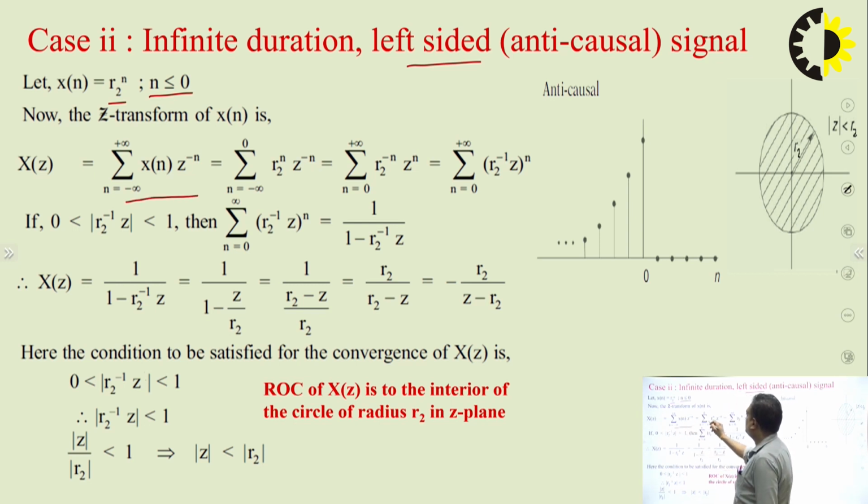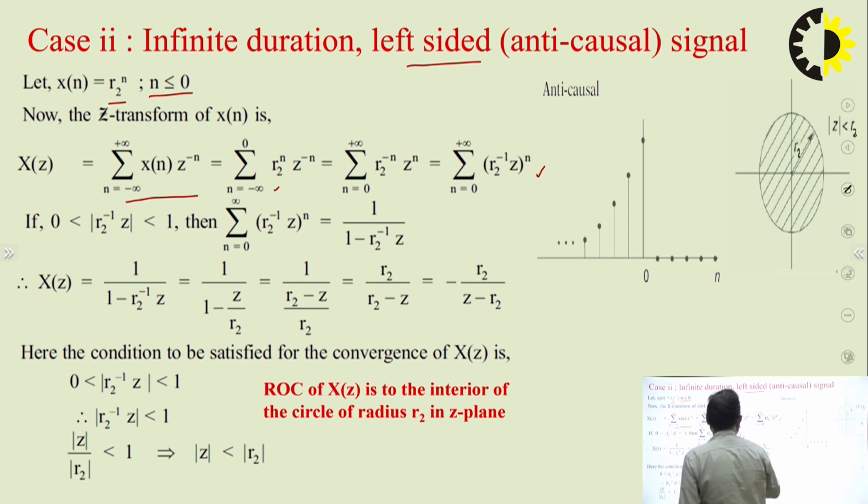Now, because n is less than or equal to 0, the limit will become summation n equals minus infinity to 0 of R2^n z^(-n). Now we are changing the limit, so n will become minus n. So this is R2^(-n) z^n, and you can see the limit will have changed. It is 0 to infinity. Okay. So this you can write as (R2^(-1) z)^n.